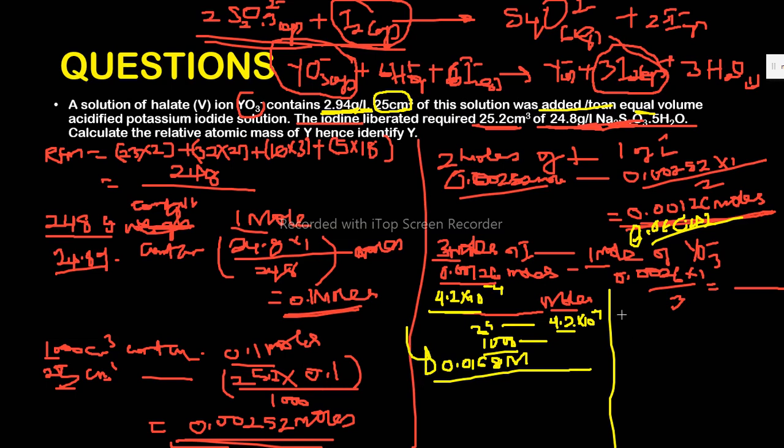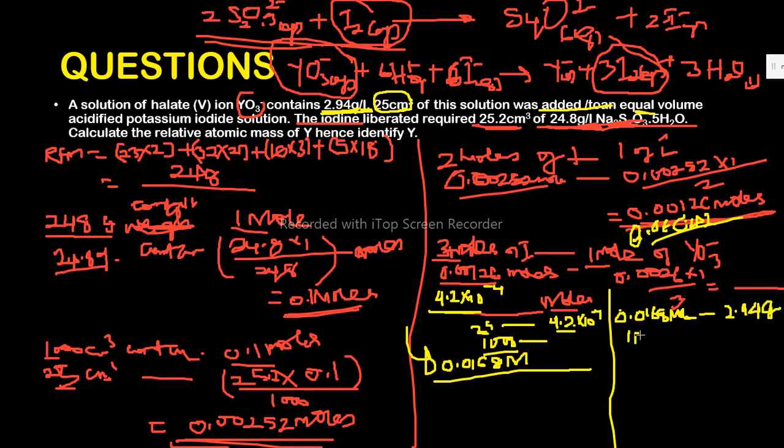So if 0.0168 moles weigh 2.94 grams, then how about one more?